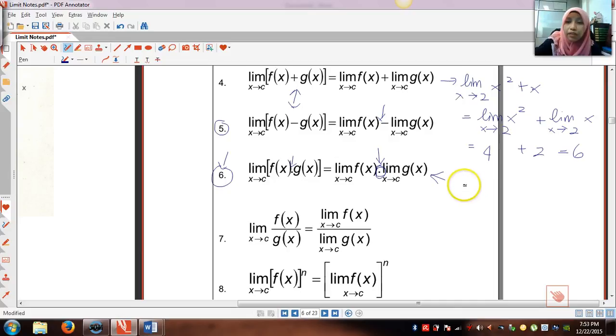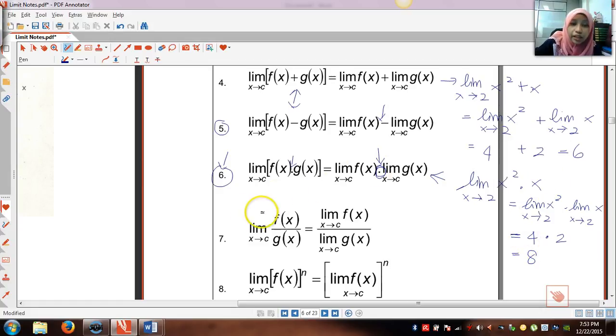For example, we have the same example, x squared times x, as x approaches 2. So we get the limit of x squared as x approaches 2, times the limit of x as x approaches 2. So we get the limit of x squared, which is 4, times the limit of x, which equals 2. So we get 8 here. Right? So the answer is 8.